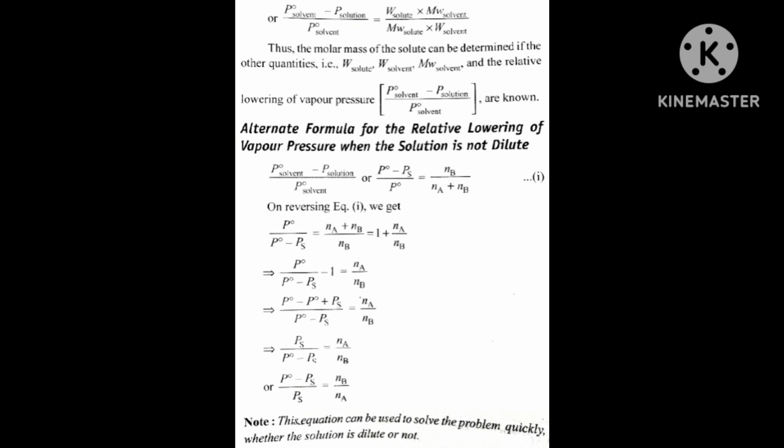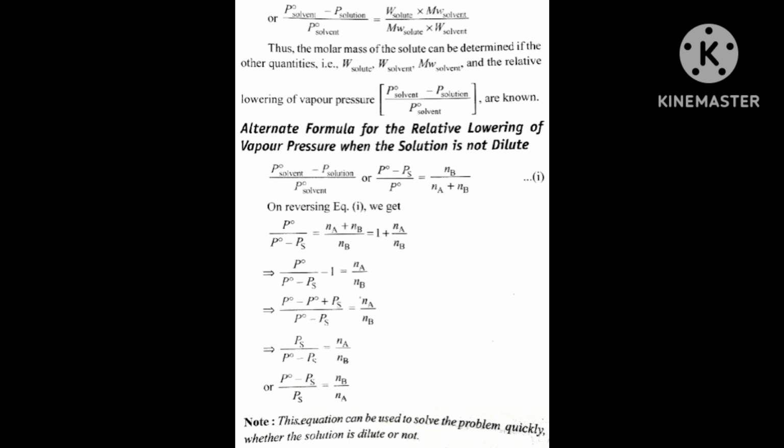Now if you put the value of delta P1, delta P1 means P1 naught minus P1. P1 naught, with subscript 0 as the standard, means the vapor pressure of the pure solvent.